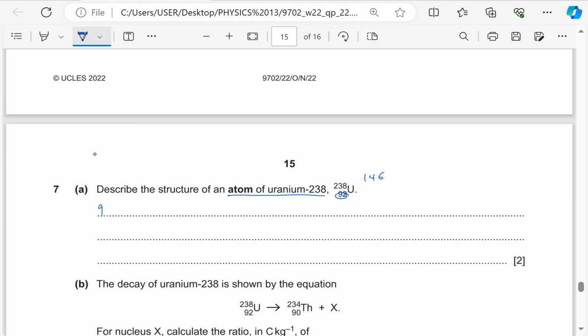So I'll say 92 protons and 146 neutrons. These are found in the nucleus, so I'll say in the nucleus. Then I'll say 92 electrons orbiting the nucleus.